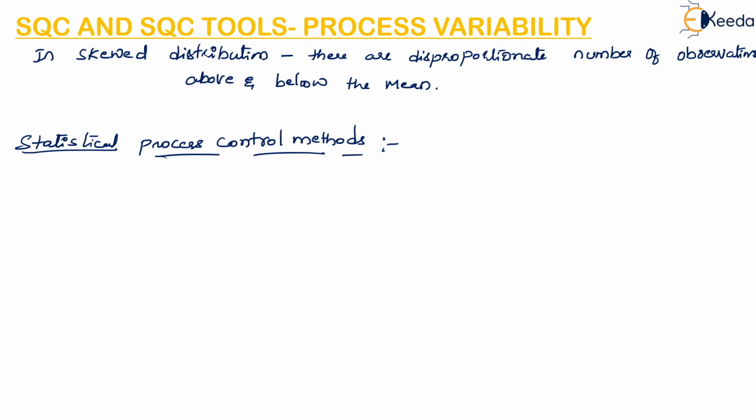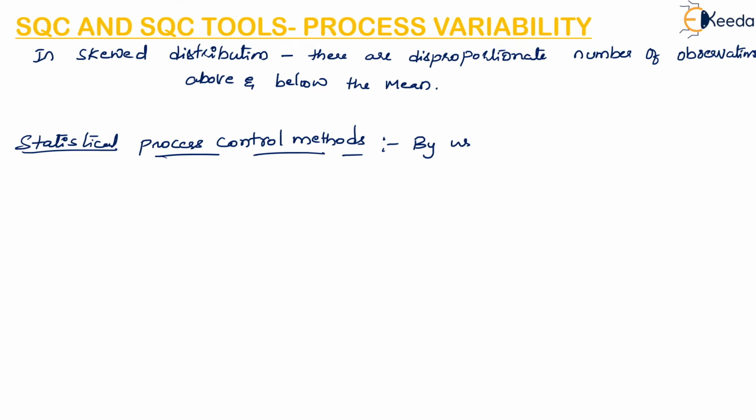The different types of variations, that is the common and assignable causes for variation, are present in every production process. So using statistical process control, we will determine the amount of variation that is common or normal.